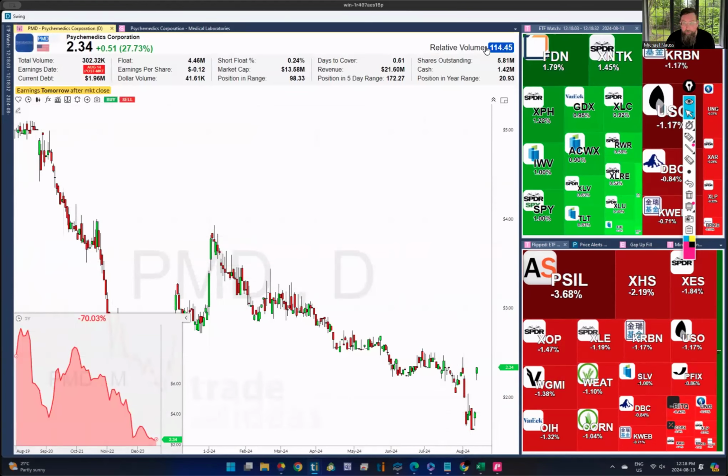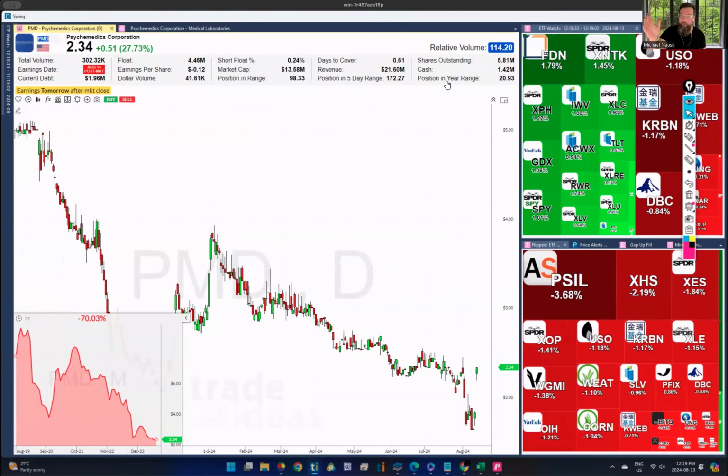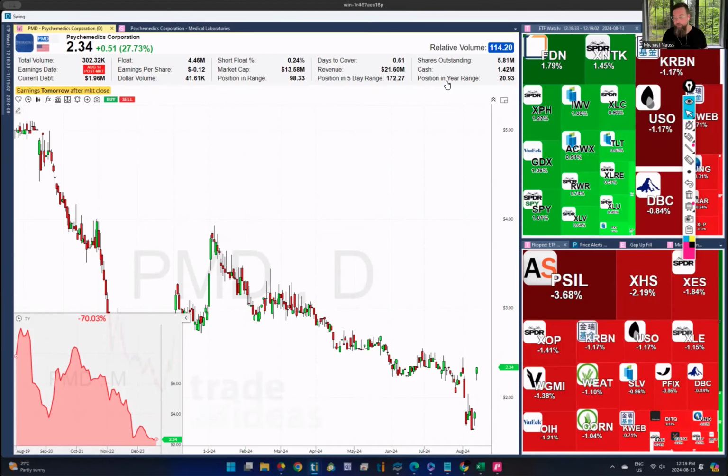So big gap up. This number right here, this relative volume number, takes how much volume has been done in this stock today, and then how much is normally done in this stock at this time. It is 11 Eastern-ish.